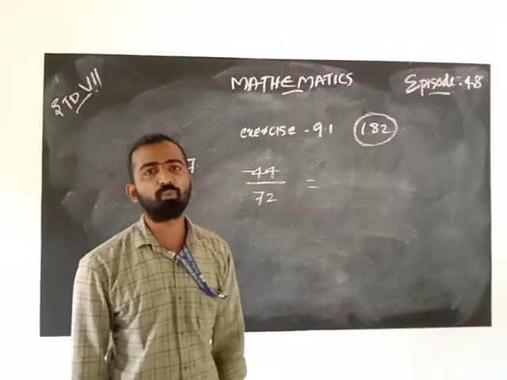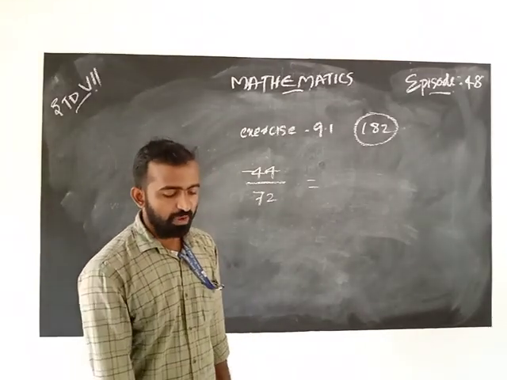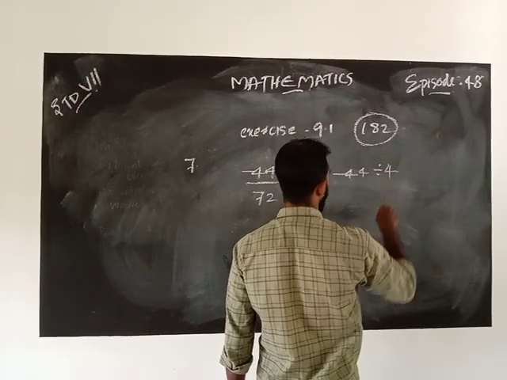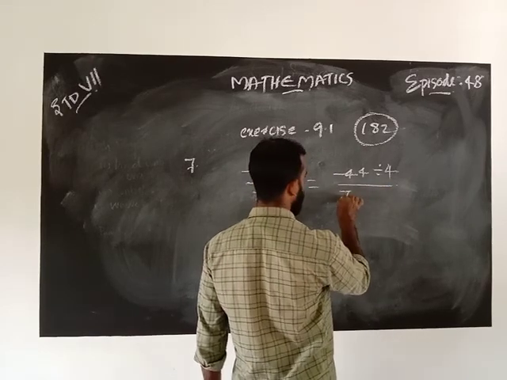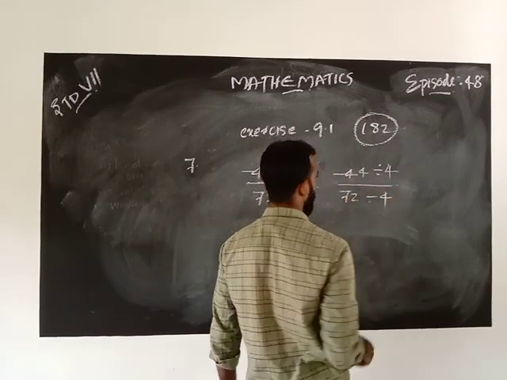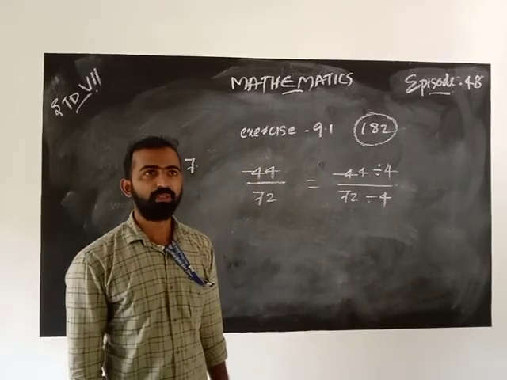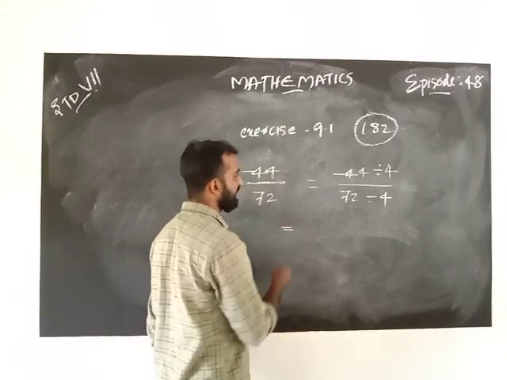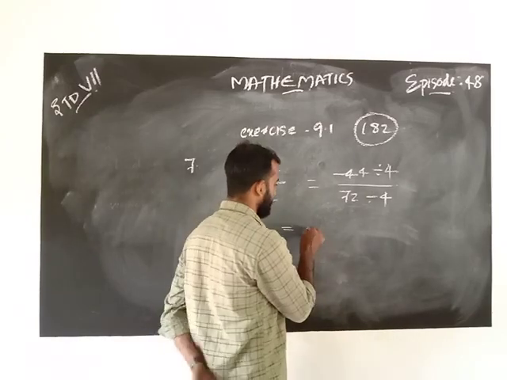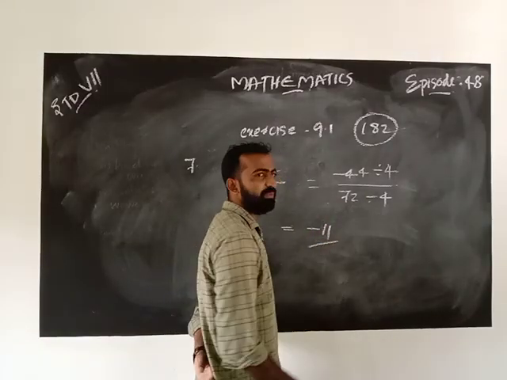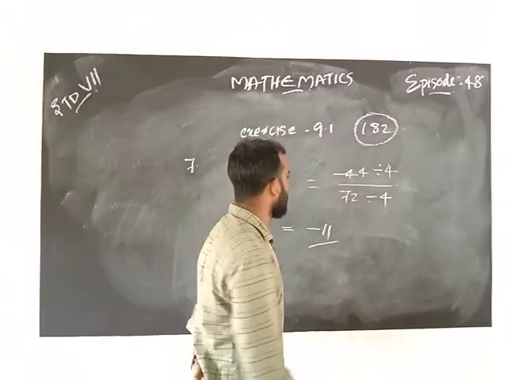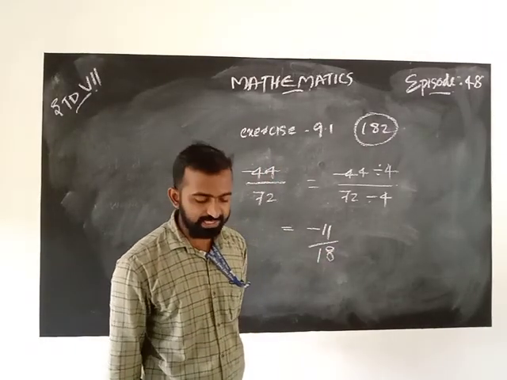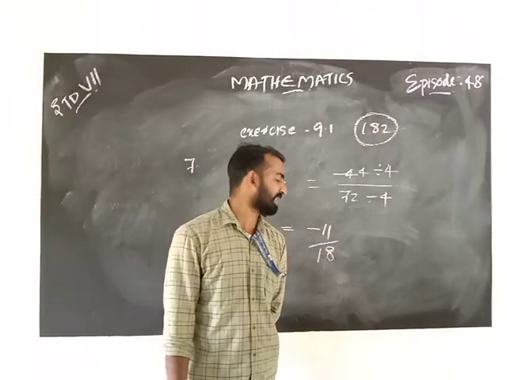So we can write it as negative 44 divided by 4 and 72 divided by 4. Yes, 4 is the highest common factor. 44 divided by 4 means negative 11, and 72 divided by 4, what do we get? We get 18. The answer is negative 11 by 18.